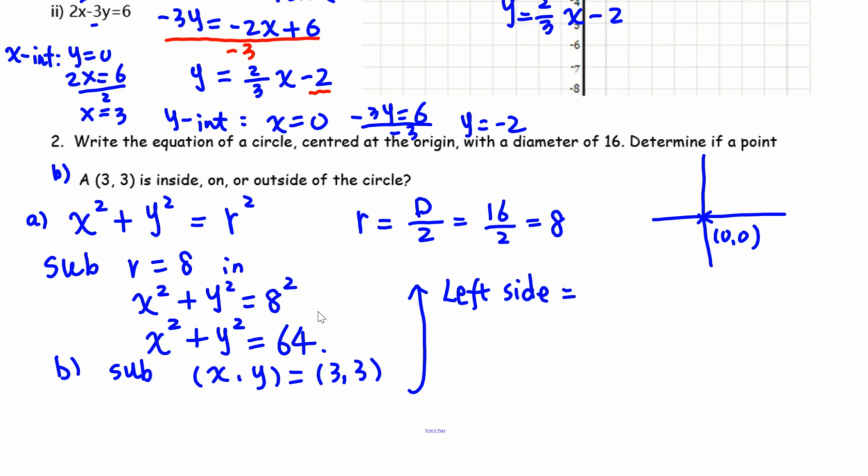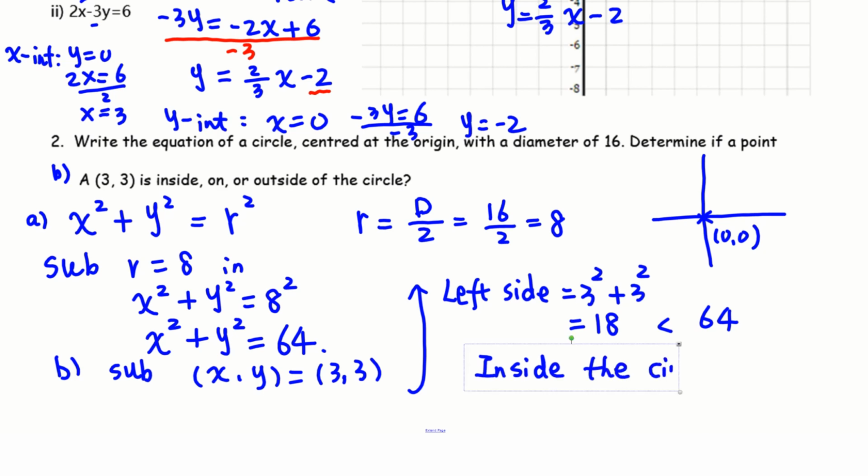So the left side of the equation is 3 squared plus 3 squared, which gives you 9 plus 9 is 18, which is less than the right side, 64. Then it means it's inside. The reason for that is it's kind of like the distance between the 2 points.